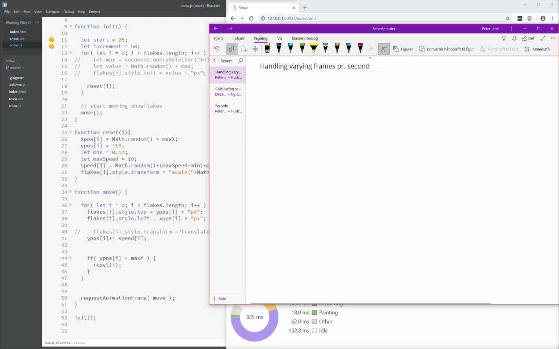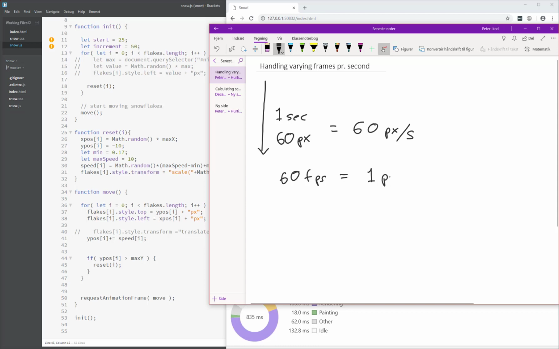Let's say I have a snowflake. It falls gently to the ground, and in 1 second I want it to fall 60 pixels. That's the same as 60 pixels per second. If I have 60 frames per second, that's the same as 1 pixel per frame.